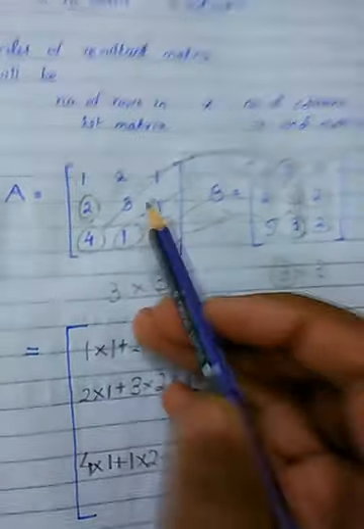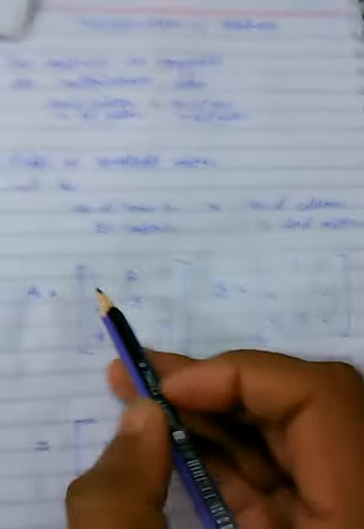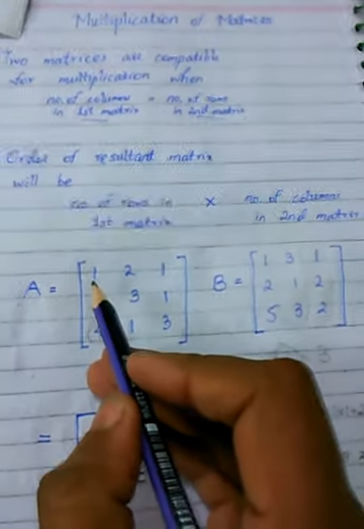Again, we will revise. Each row will get multiplied by each column, one by one on its own.